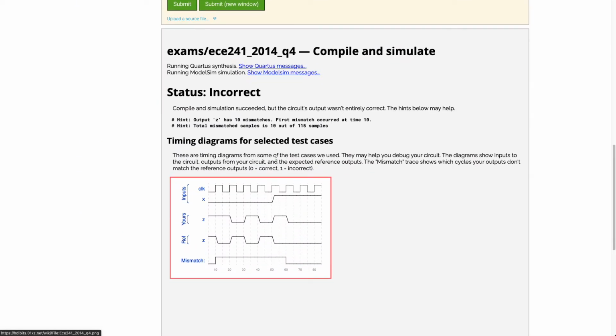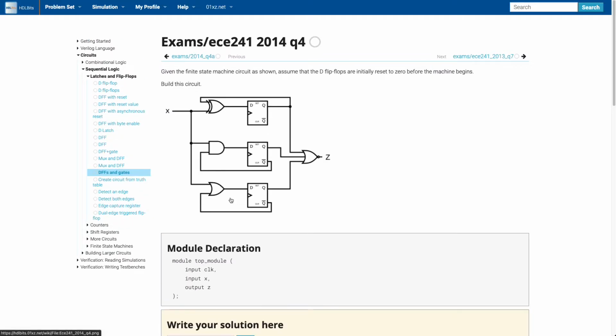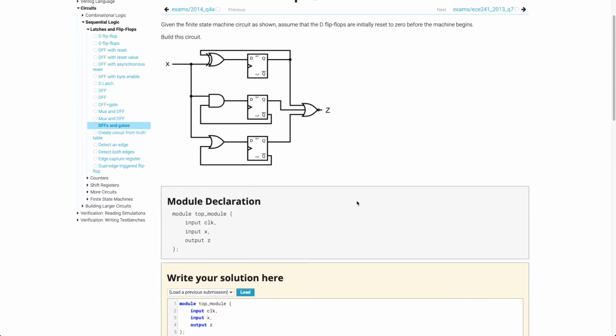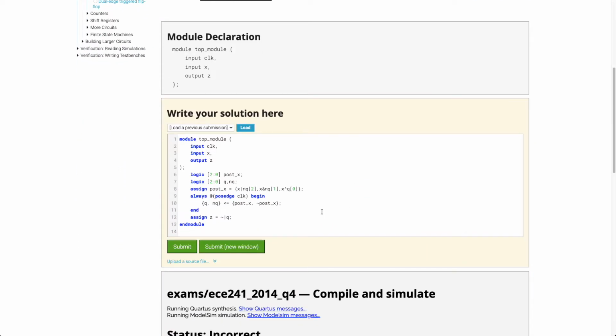So X is 0, expected. Assume that the D are initially set to 0.